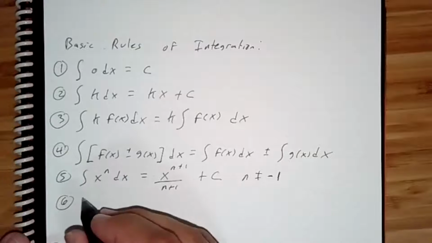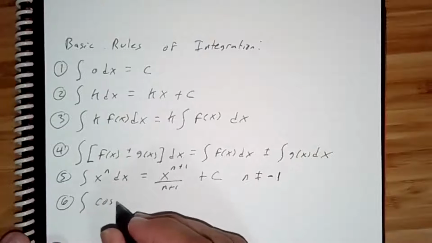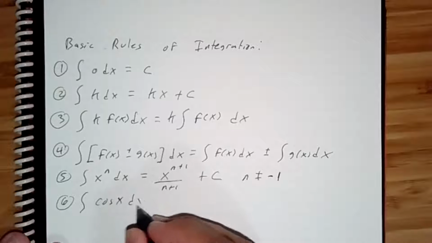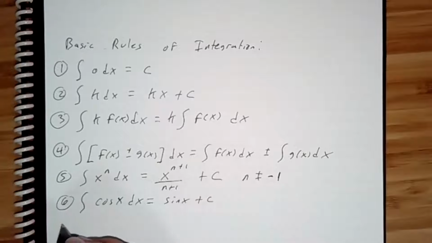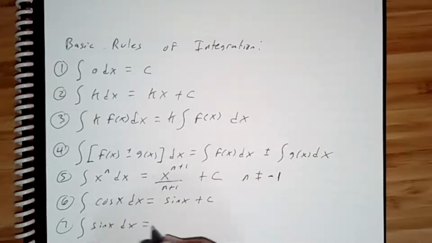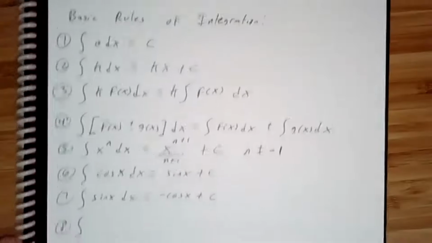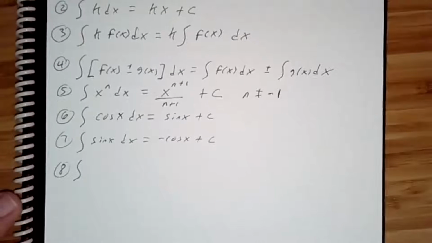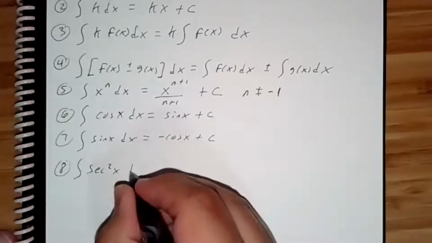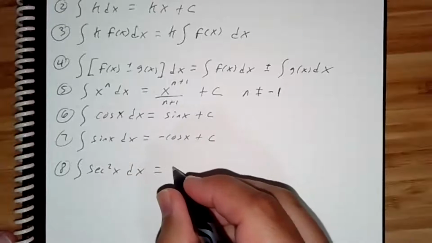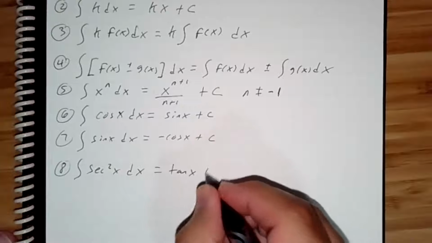Number 6, integral of cosine x dx is equal to sine plus c. Integral of sine will be negative cosine plus c. Integral of secant squared dx is equal to tangent plus c.